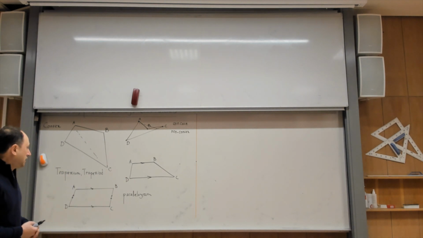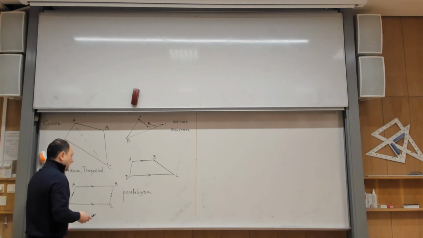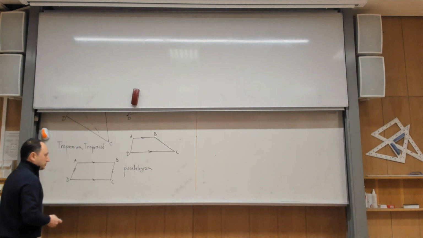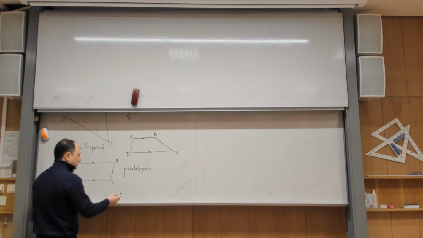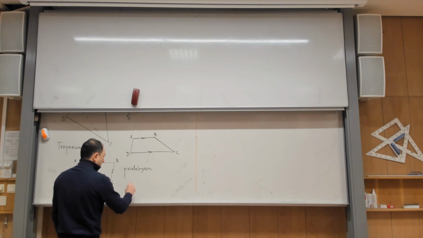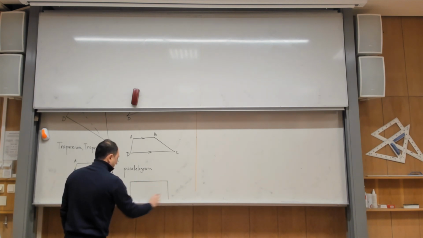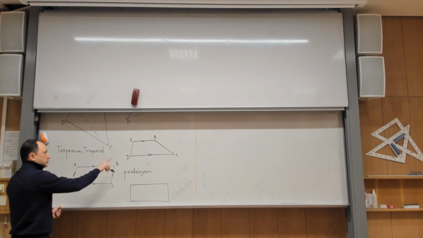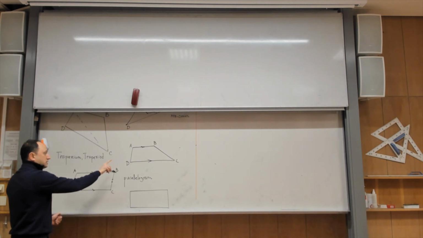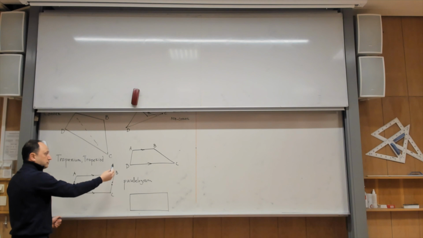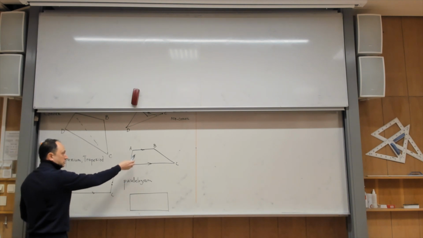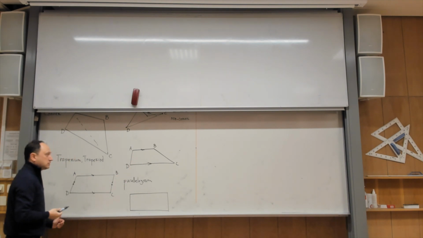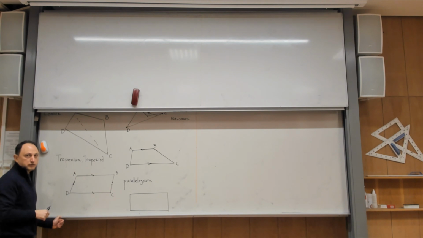Yes? Okay. And then probably another famous quadrilateral that you know is what? Is the rectangle. So remember, when I ask you to prove a quadrilateral is a trapezoid, you have to convince me that you have a pair of parallel sides in that quadrilateral.